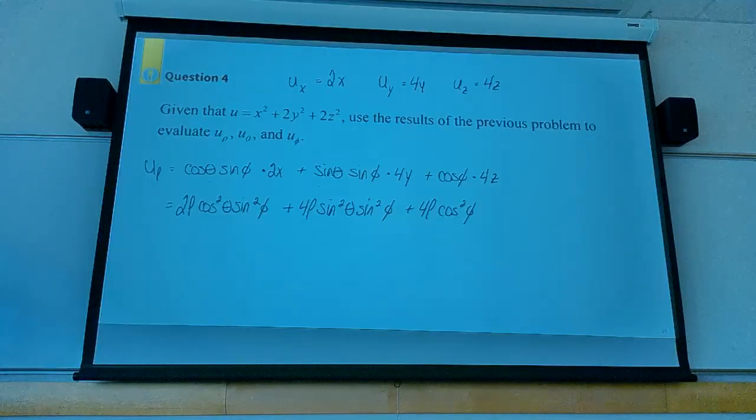If that was a 4 rho in front, you could, but sadly, it's not. Then we could try to use some reduction formulas on cosine squared and sine squared. Is it really going to simplify it? No. So just leave it.